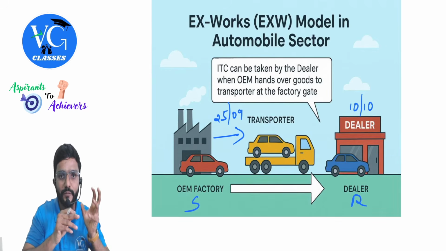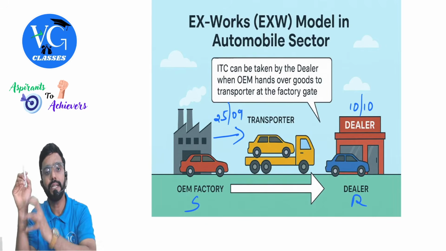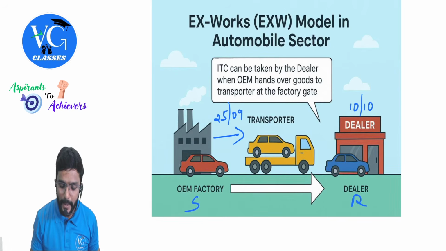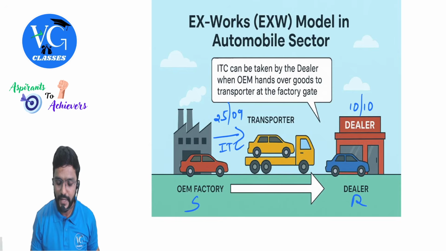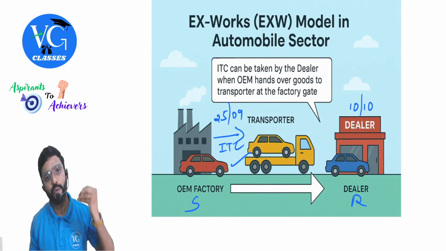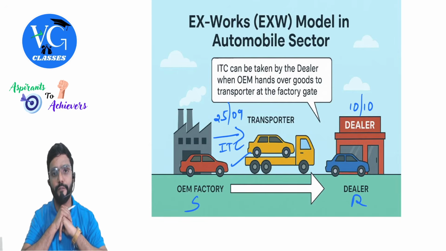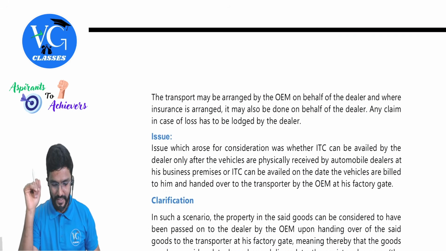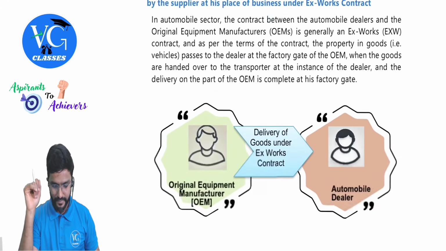Is it on 25th September or on 10th October? The clarification is telling that the dealer can claim the credit as on 25th September itself. Got it? Yes, sir. Interesting one. Okay, sure.